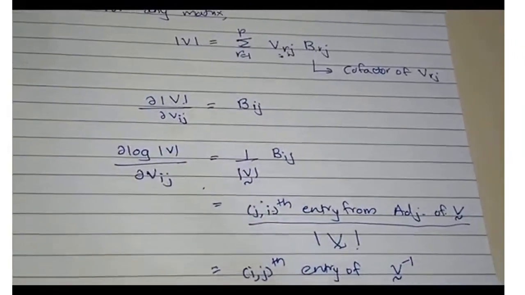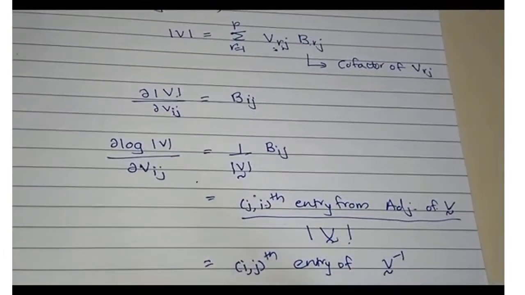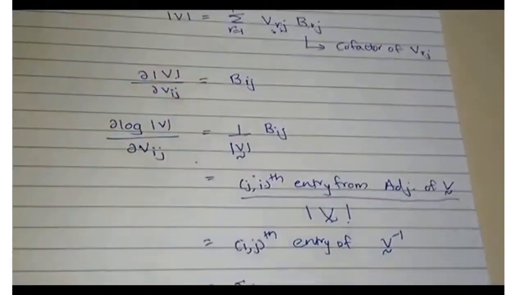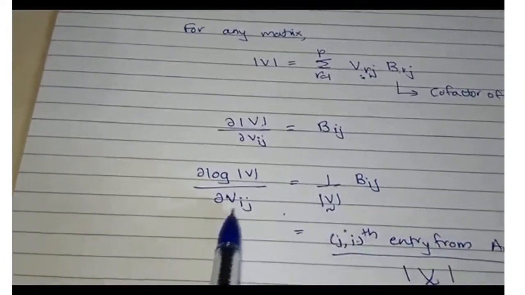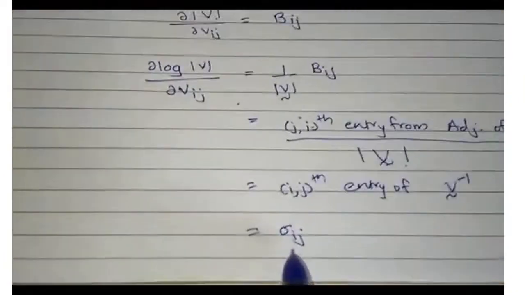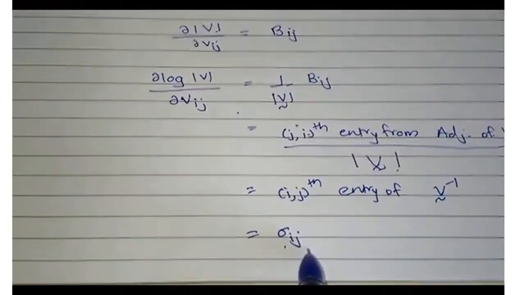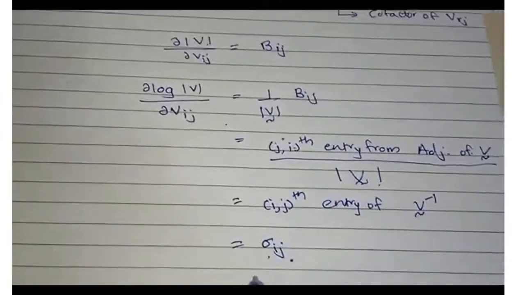And because V inverse is sigma, it is nothing but sigma ij. Okay, so the derivative of log determinant of V with respect to Vij turns out to be just sigma ij. So even though it seems complicated, the answer turns out to be quite easy. So differentiating with respect to the second term is done.